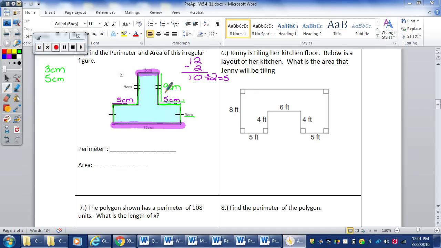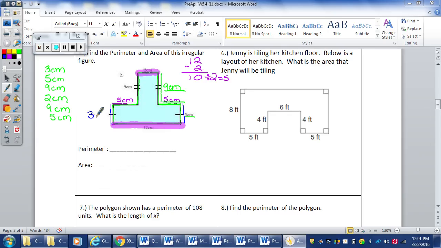All right, so I'm going to go ahead and continue. I've already accounted for my 5. Now I'm going to put 9. Then we have plus 2 centimeters. Then I have 9 centimeters. Another 5 centimeters. And then here again, I run into parallel sides. I see that this side is 3 and this side is parallel, so this side must also be what?